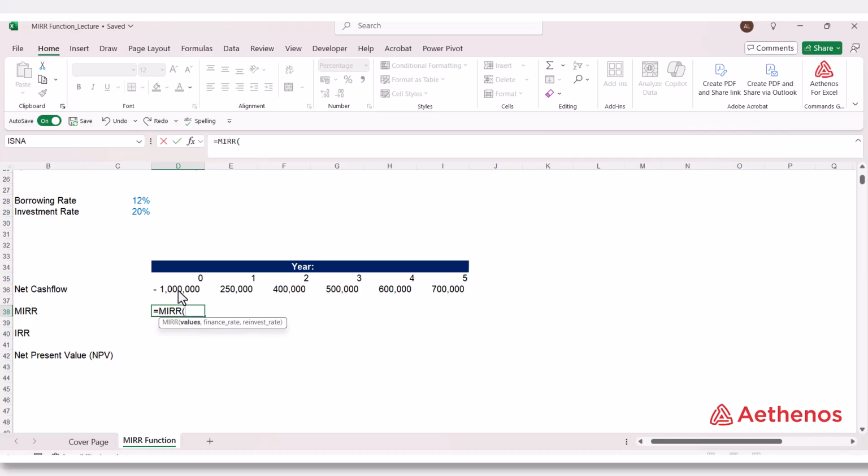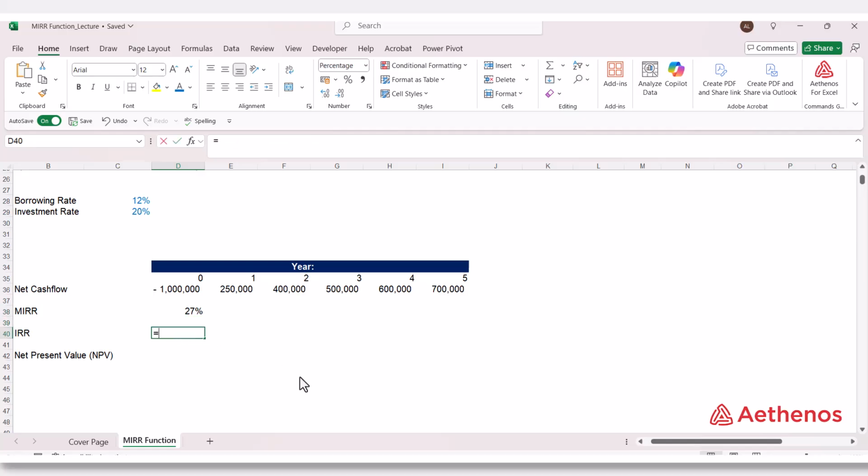So here we have to just give the values and then the finance rate, that is the borrowing rate, and then the reinvestment rate, and then we close the bracket, press enter. So we got 27% MIRR.